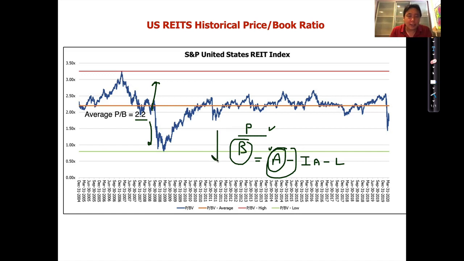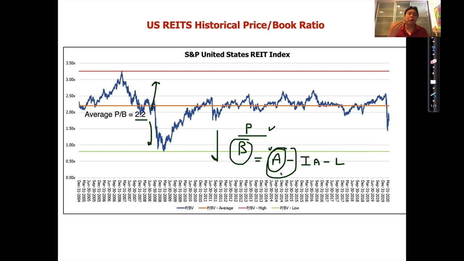But in the US, the accounting rules are different. They use the GAAP accounting method. And under the US accounting system, the assets or the properties held by the REIT are not revalued at the current market price. They take the book value of the REIT at the time when it was bought.